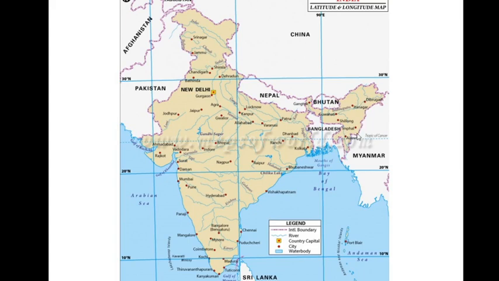Average annual rainfall is above 300 centimeter per year, and you all know that the wettest place of the world, Mawsynram, Cherrapunji, has a record of 24,000 millimeter annual rainfall in the year 1974. So it has a very high rainfall and very high temperature and very high humidity area, this side.